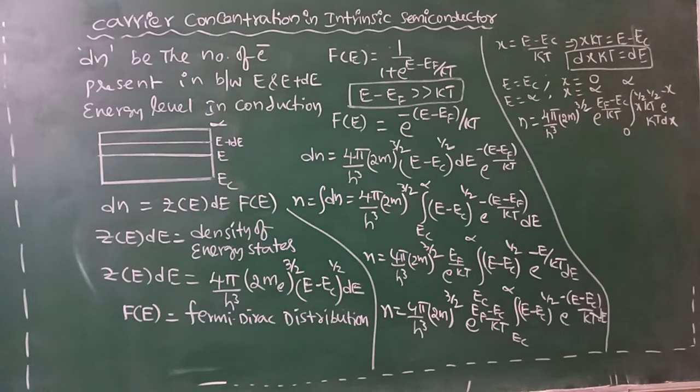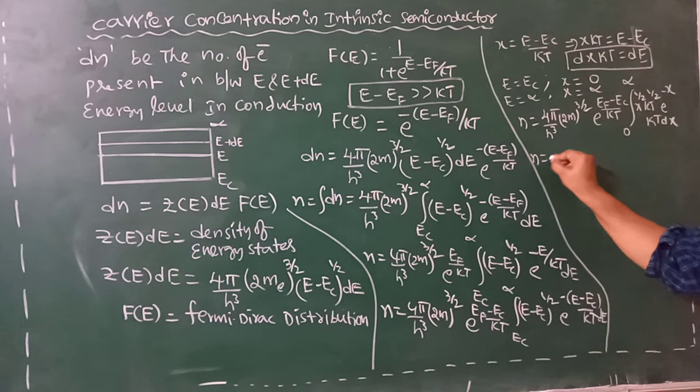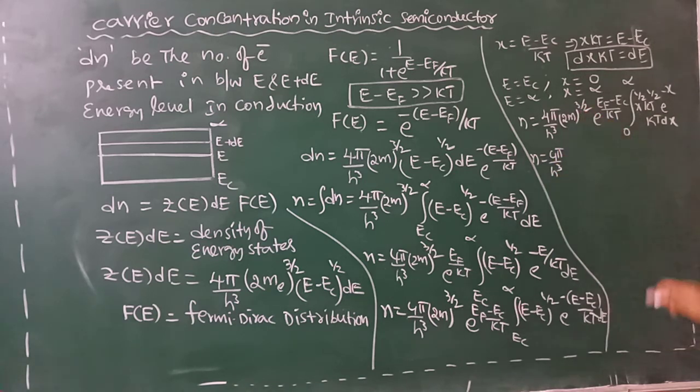Now the equation becomes n is equal to 4 pi by h cube, 2m whole power 3 by 2, kT power 1 by 2 into kT, that is kT power 3 by 2.